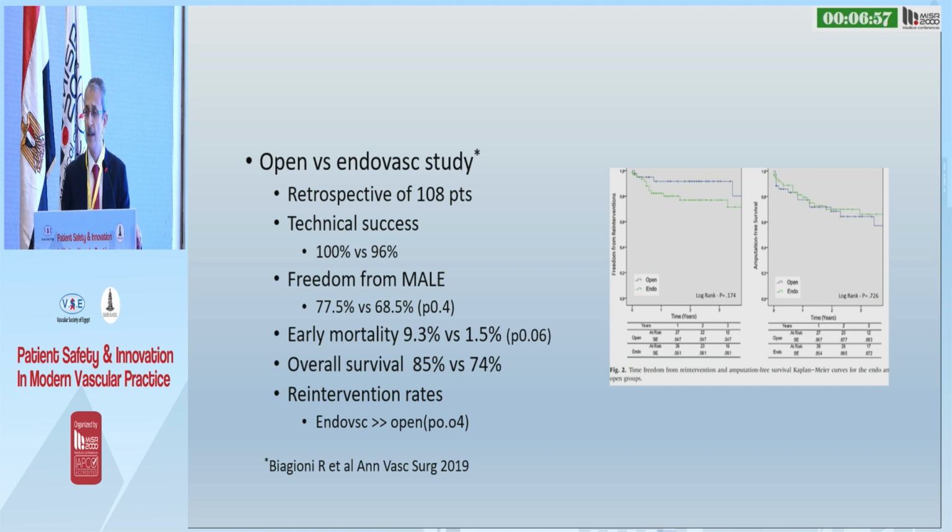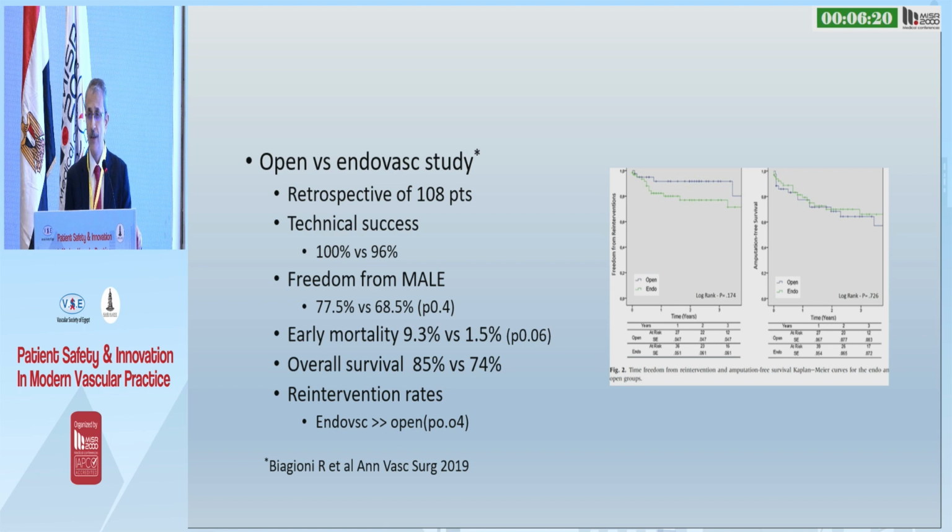The technical success between the open versus the endovascular was 100 versus 96%, so it's quite high in both modalities. Freedom from major limb events was almost equal, not statistically different, 77 versus 68 between open and endo. The early mortality was much higher in the open surgery, but the overall survival was not significantly different. The reintervention rate was significantly higher in the endovascular option.